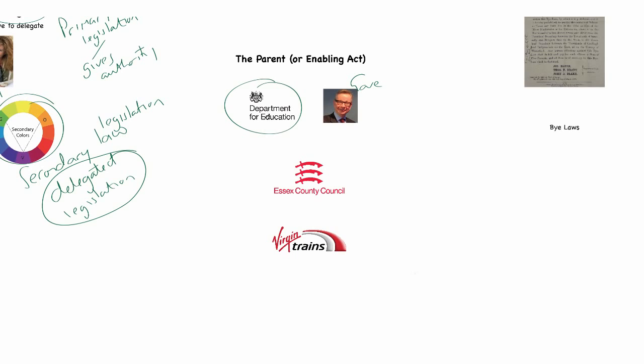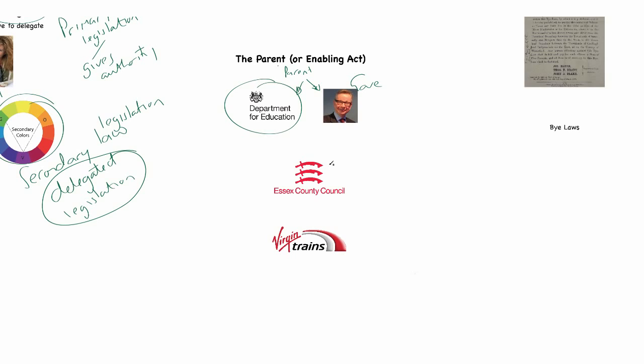So if it's an act of Parliament that looks specifically at education, Parliament might make the primary legislation or the Parent Act, and then it might pass the detail to the Minister for Education through the Department of Education to fill in the detail, the expertise.